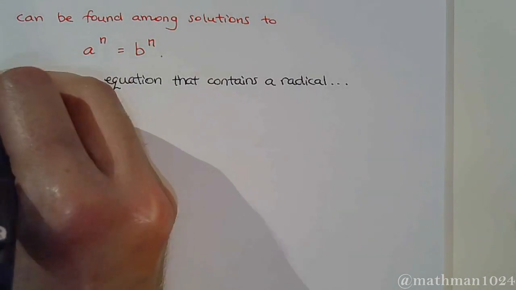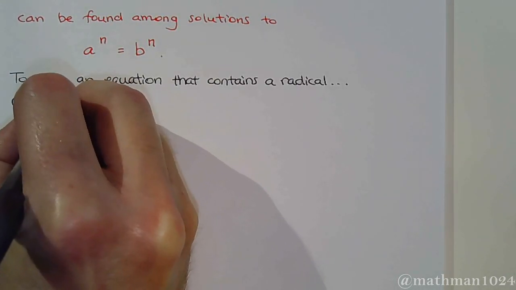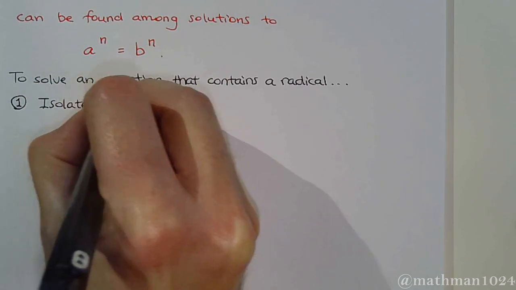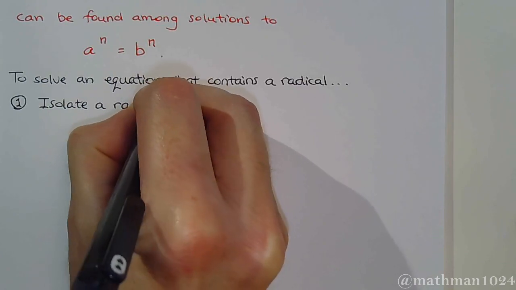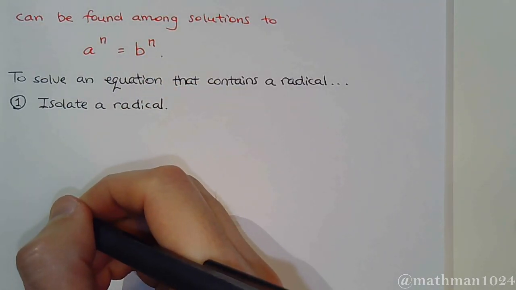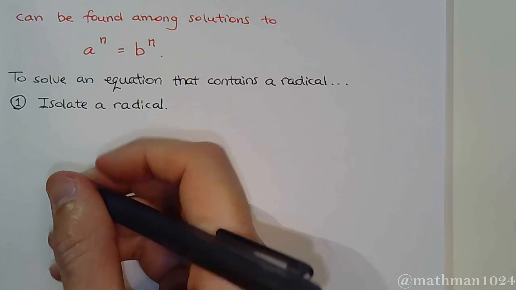Your first step is to isolate a radical. You may have multiple radicals. Your job is to get one of those guys by itself. Find the more complicated one and isolate it.